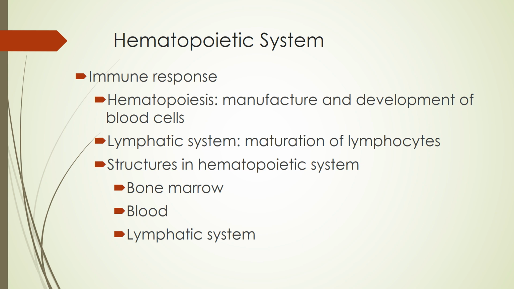The yellow marrow consists of fat and connective tissue and usually does not produce blood cells unless it is in a special situation like hemorrhage, and that is when the lymphatic system also helps out with the hemopoiesis process.